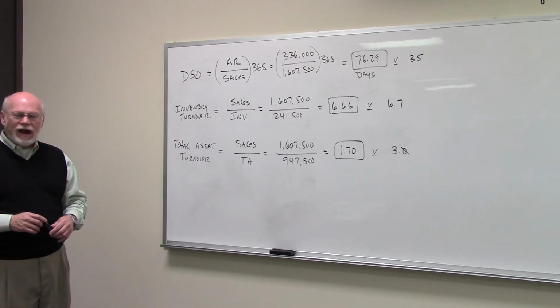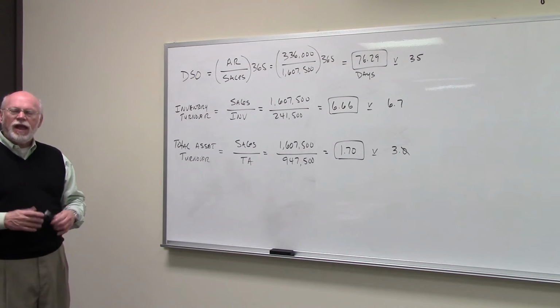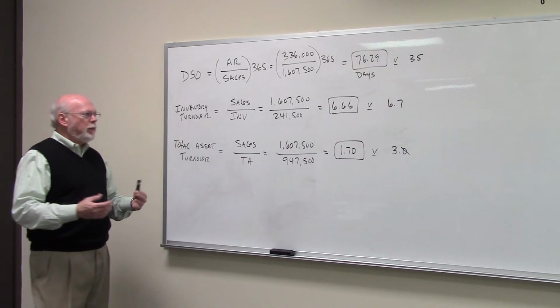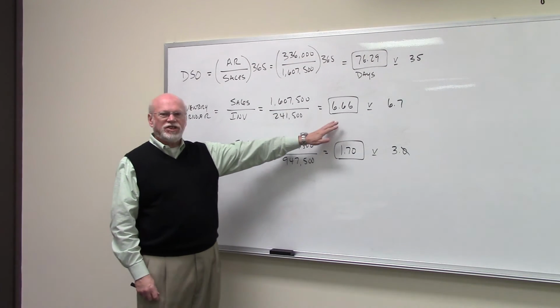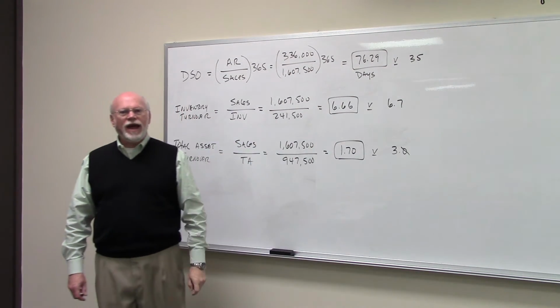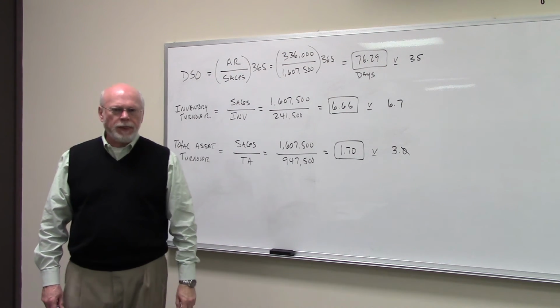The industry average is 6.7. I view those to be exactly the same. Berry Computing's ability to generate sales off its investment in inventory is in line with that of the typical firm in the industry.